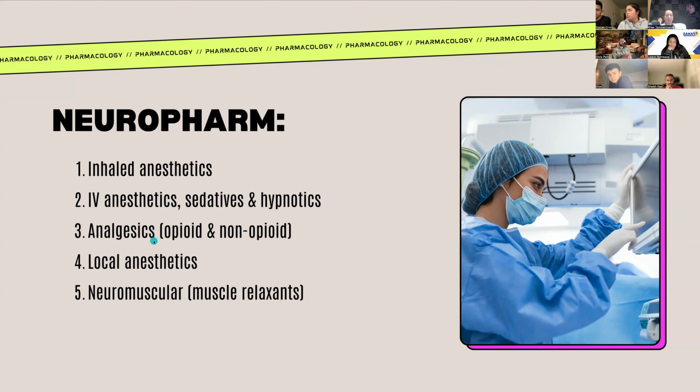We have our analgesics, which include opioids and non-opioids. We have our local anesthetics, and then we have our neuromuscular blocking drugs. These are the main medications that we need to know to practice anesthesia.